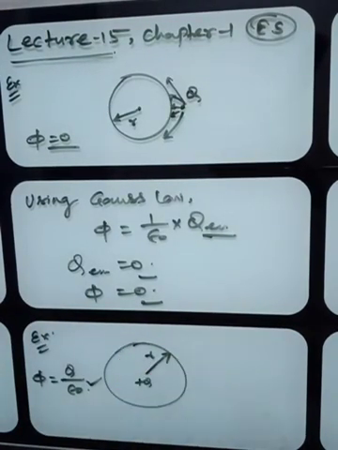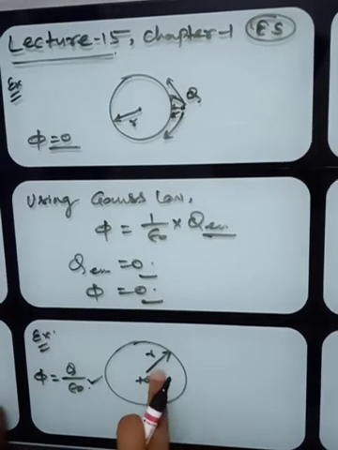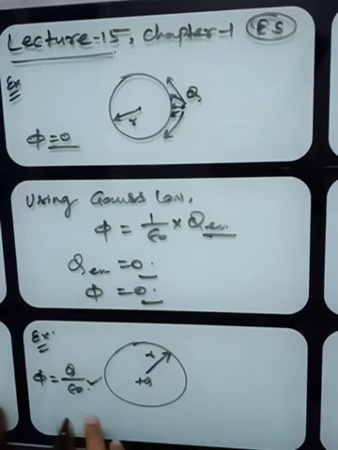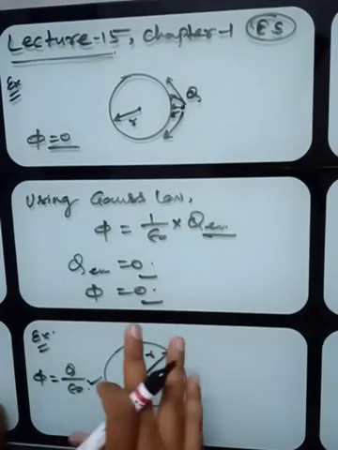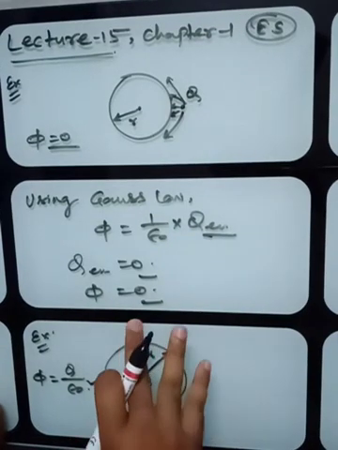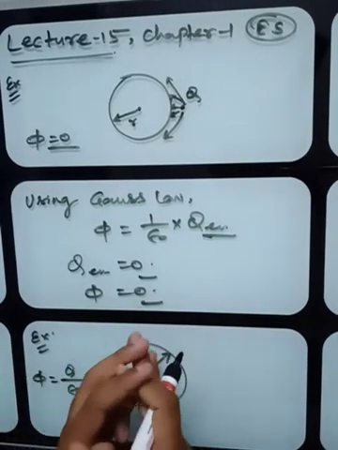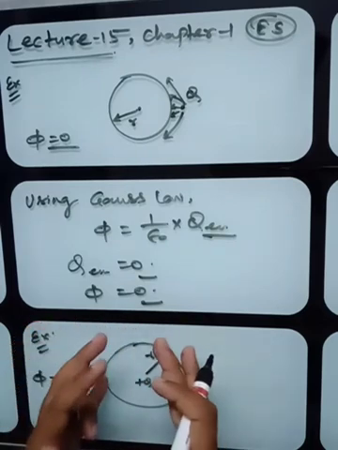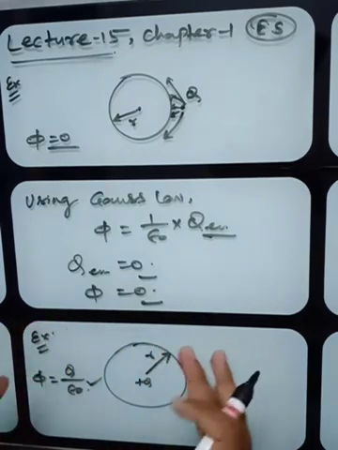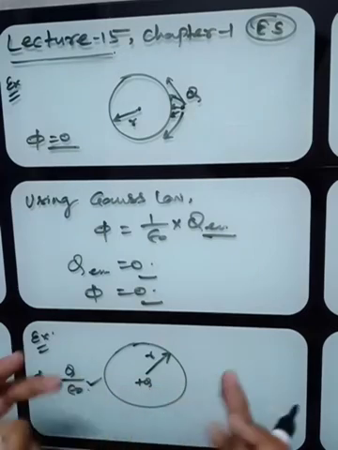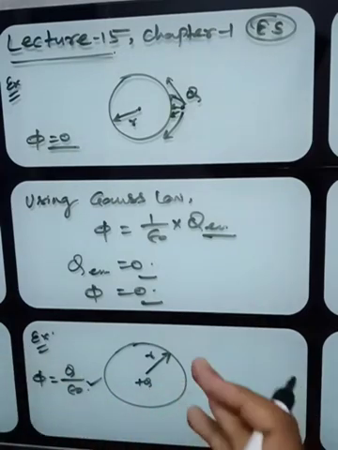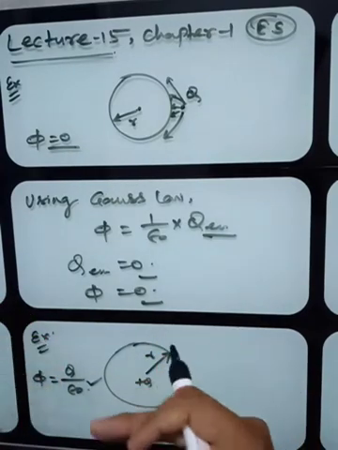Now the question: if we double the radius of the Gaussian surface, with what factor will the flux change? If we increase the surface area of the sphere, will it encounter more electric field lines? How will the electric flux change?